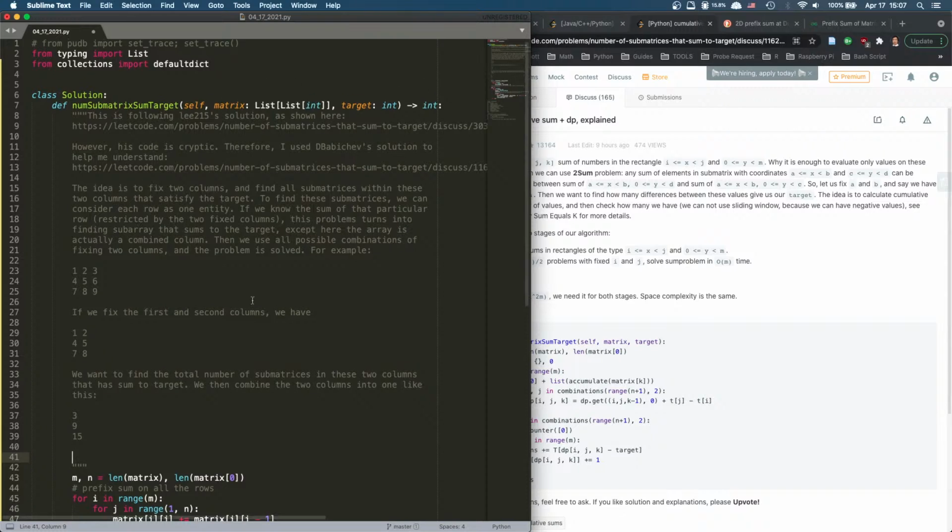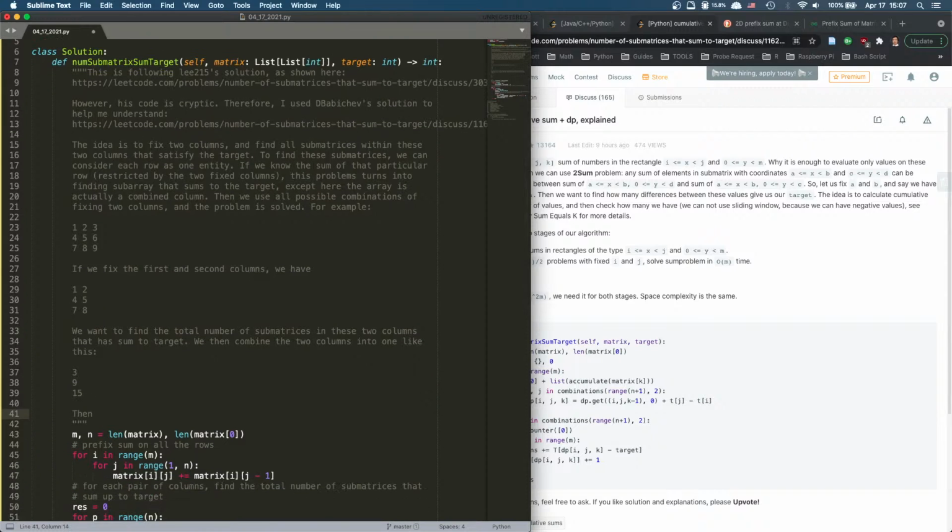All right? And this is a prefix sum on the combined column. Combine the two columns. Now combine means to compute the sum of each row. Okay?